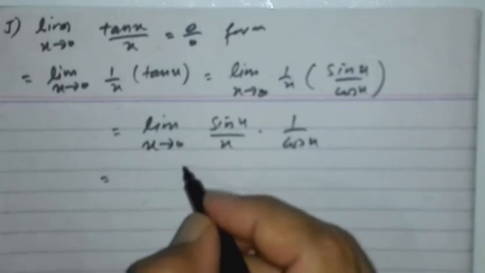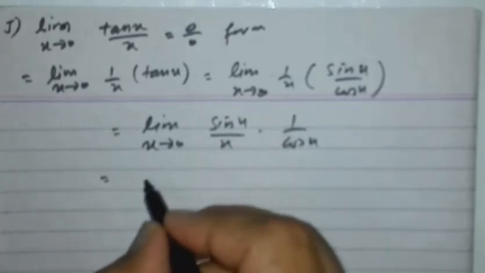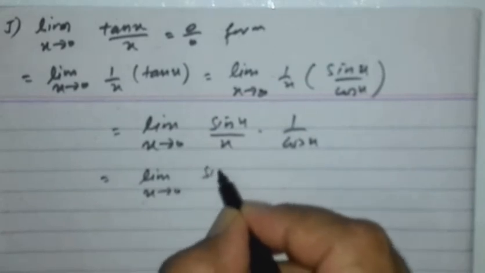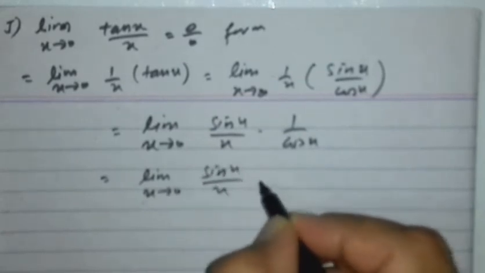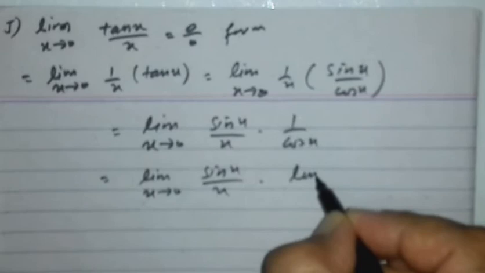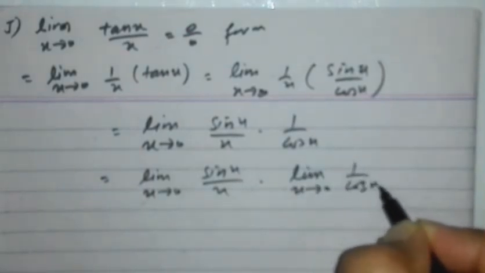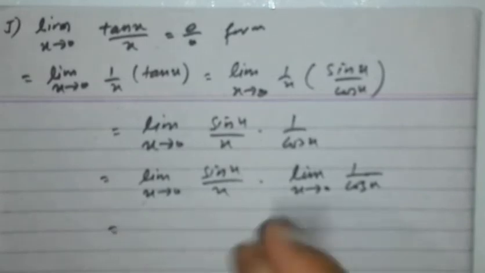Now apply the limit on both of these, so we can write it as limit x tends to 0, sin x divided by x, limit x tends to 0, 1 by cos x.